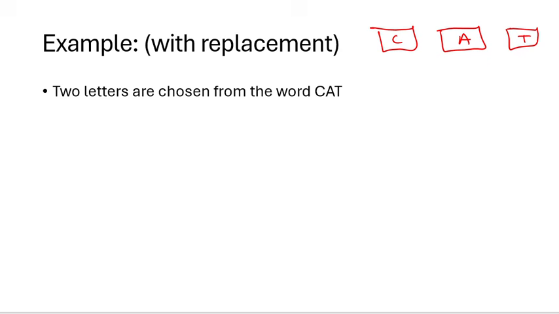You're going to pick a card at random. Assuming that they're face down and shuffled, you have one of three options the first time you pick a card: C, A, and T. So this is the first pick.